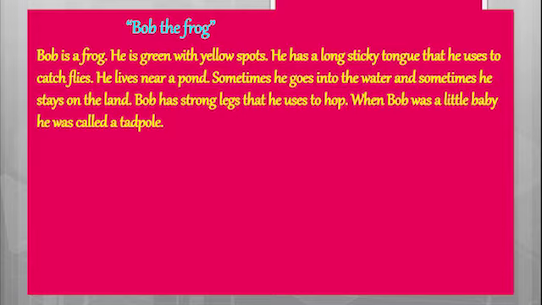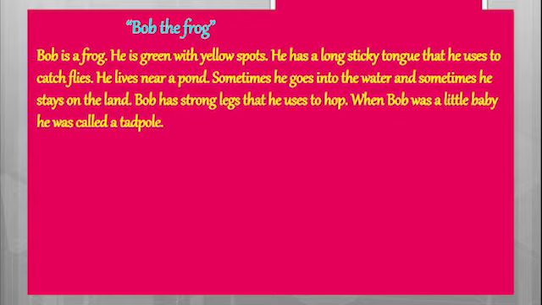Bob is a frog. So Bob is actually the name of a frog. He is green with yellow spots. He's green in color with yellow spots on it. He has a long, sticky tongue that he uses to catch flies and insects.